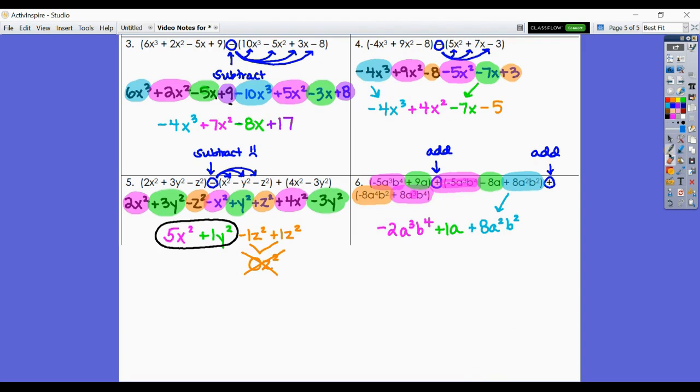We also again have nothing to combine that with, so we go ahead and bring it down. It's negative 8, a to the fourth power, b to the second here. And that's our final answer. Everything we combine, because we can only combine like terms that have the same variable and exponent on them.